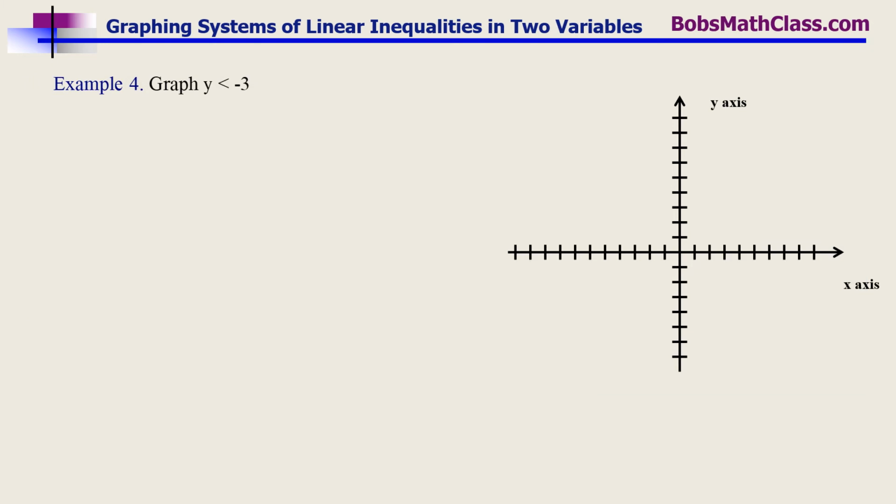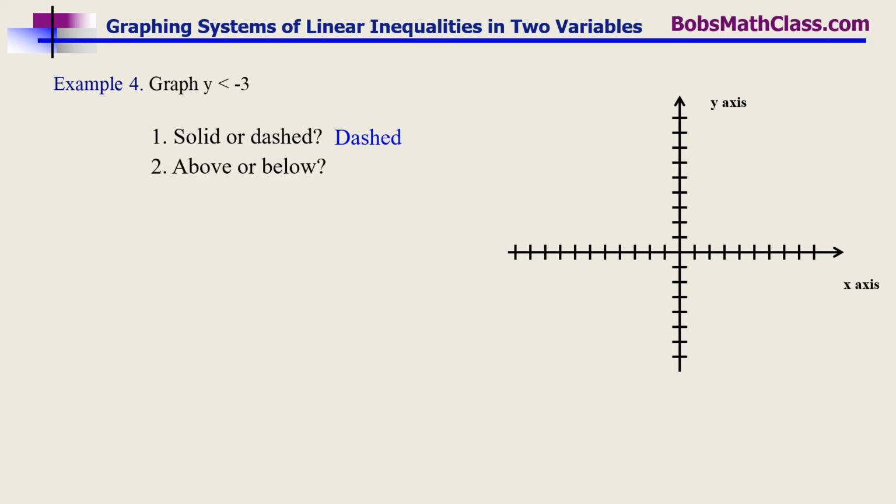Okay, here's our next problem. y is less than -3. All right, we already have y by itself. So our first question is, solid or dashed? Right, dashed. Above or below?